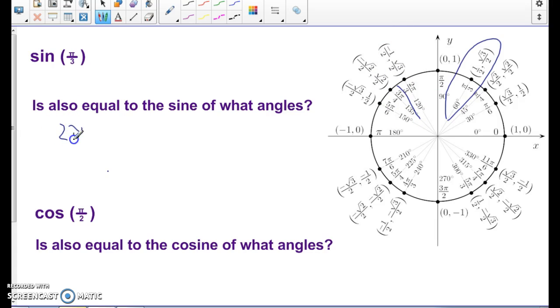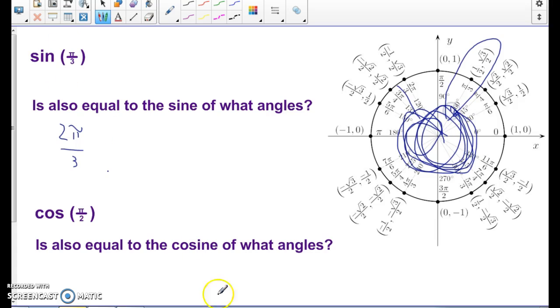And it's also the same as if I went a full 2 pi plus another pi thirds. It'd be the same as going 2 full circles, another pi thirds, 3 full circles, another pi thirds.